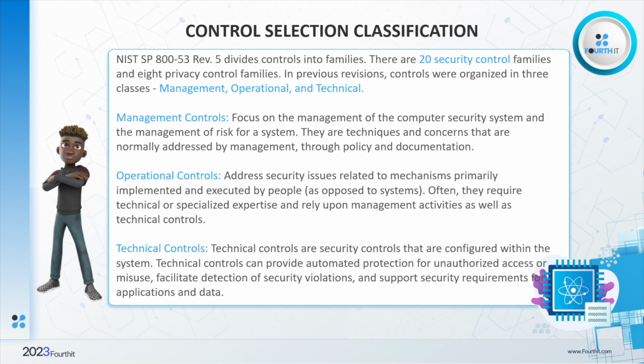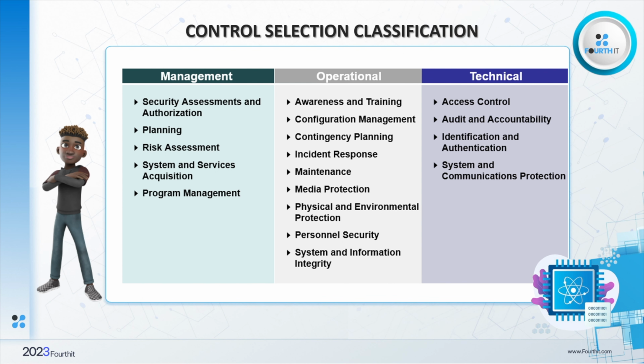So when you're thinking about management controls, think about the security assessment and authorization control family, the planning, the risk assessments, the system and service acquisition, the supply chain management, all of them fall under the management controls. Now, this is where we are talking about the security policies or the risk management.